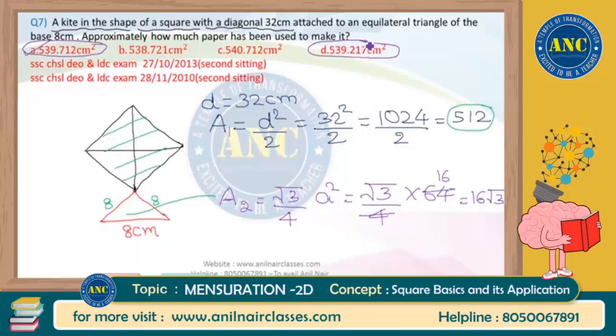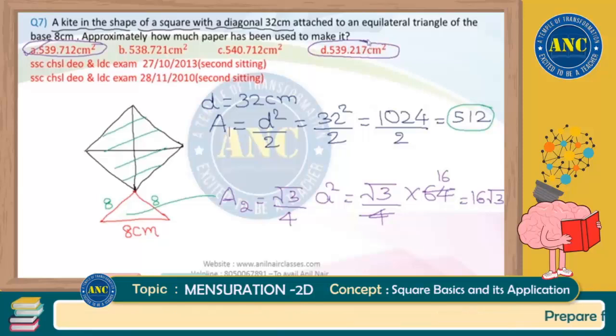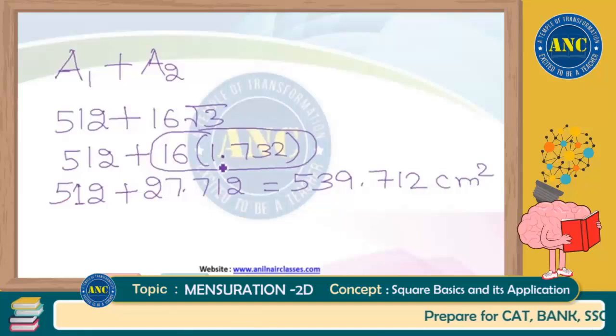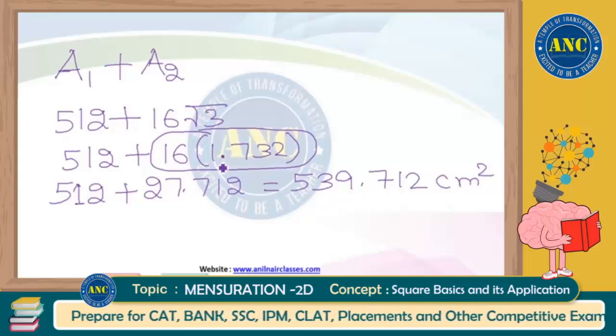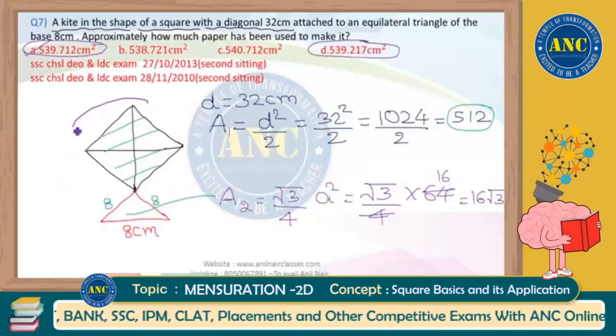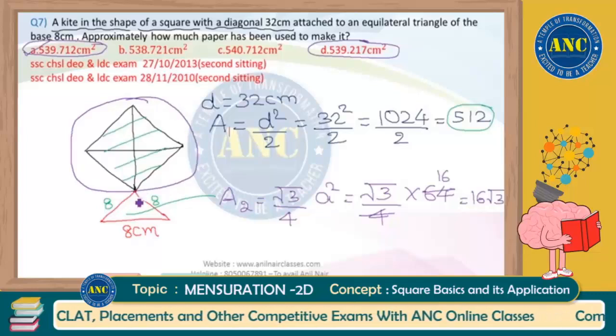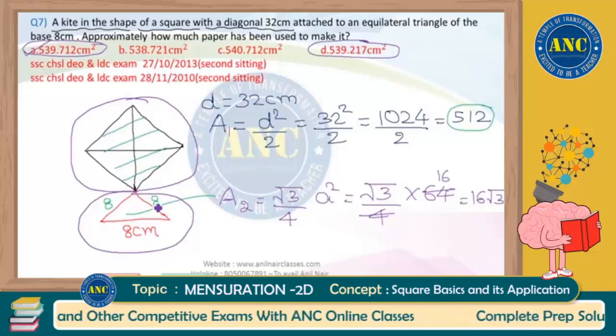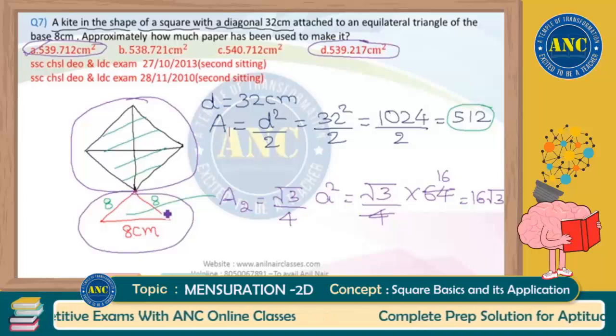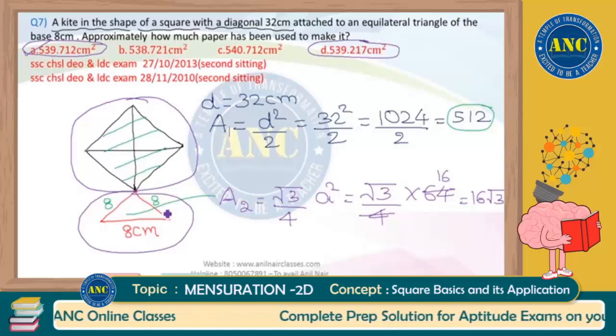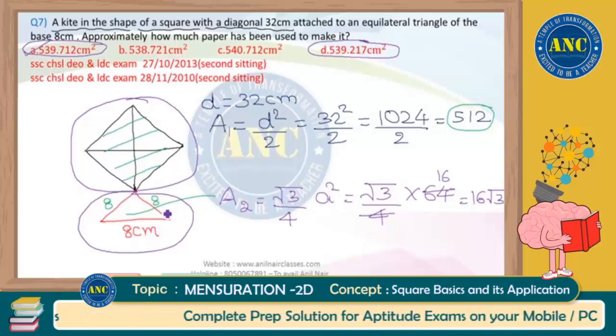They both are very close to each other. So it's better that you multiply these two rather than approximately finding the value. I believe it is clear for you how we got the answer. This area is nothing but 512. This area of the equilateral triangle is 16 root 3. Sum of those two is giving me 539.712, which is nothing but option A.